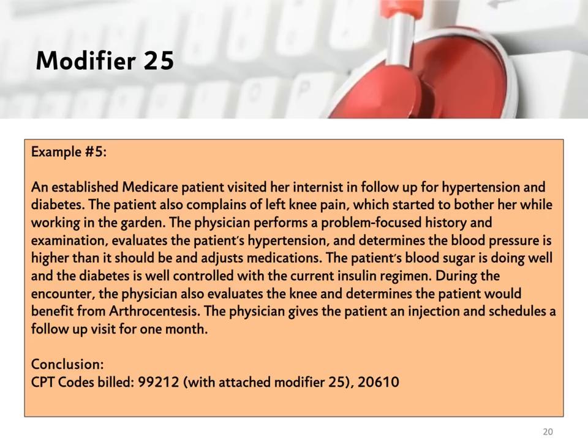Also, the provider decided to evaluate the knee and determined that the patient would benefit from arthrocentesis. So the provider injected the patient in the site. In this scenario, it would be appropriate to bill the 99212, append modifier 25, and also bill the 20610 for the arthrocentesis.